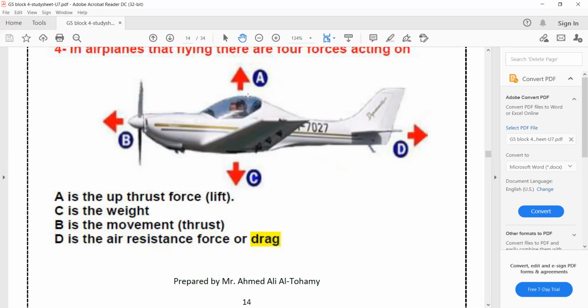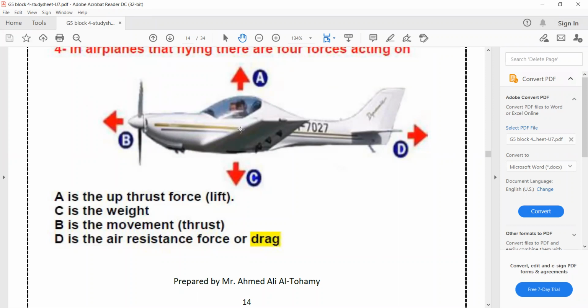When the plane wants to rise up or wants to go down, one of them will have a larger magnitude. For example, if this plane moves upward, force A, which pushes upward, should be larger in magnitude than the weight force.